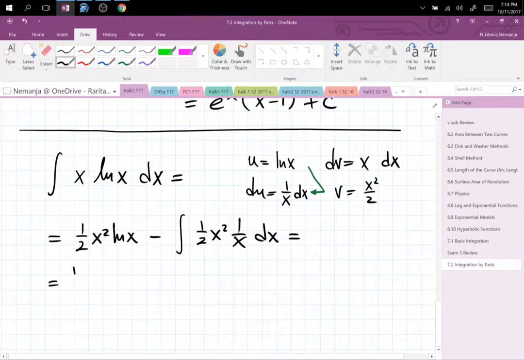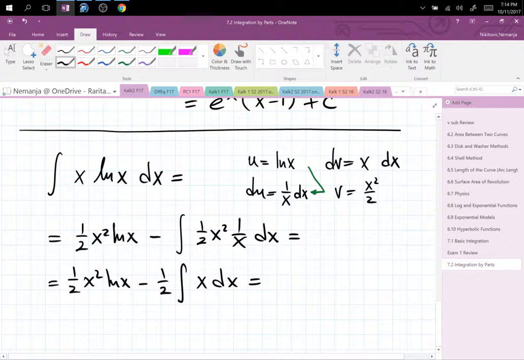So this is equal to 1/2 x squared ln x minus 1/2 integral of x dx. Whew, we can do this. One half x squared ln x minus 1/4 x squared plus c, right?